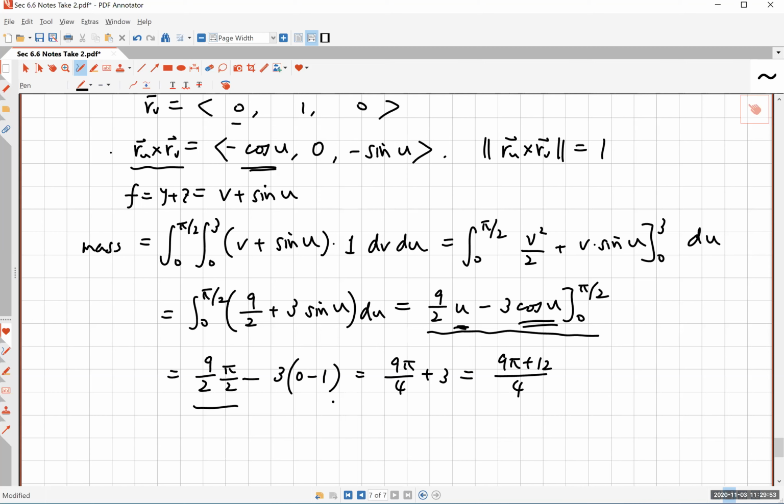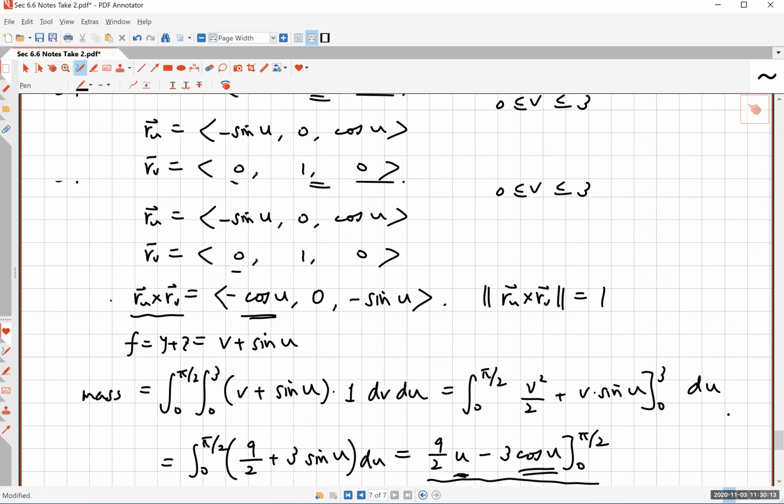That would be negative 1. And so 3 times 0 minus negative 1 gives you a positive 3. And so if you get the common denominator 4, then you get 9 pi plus 12 all over 4. And this will be the mass of this quarter cylinder.